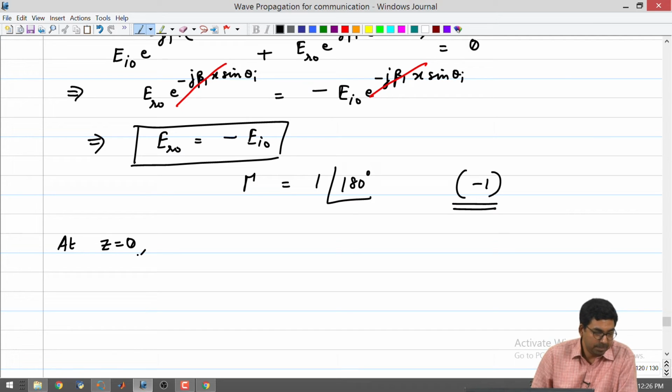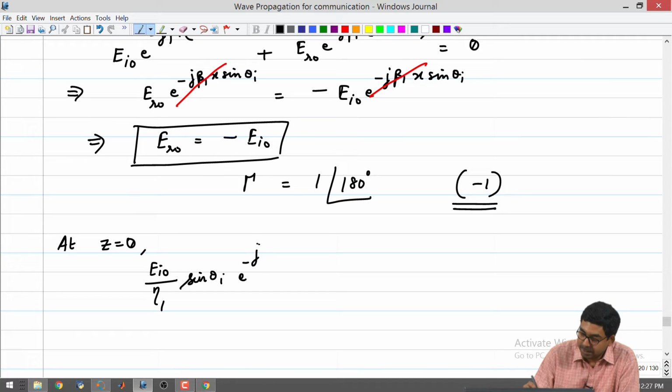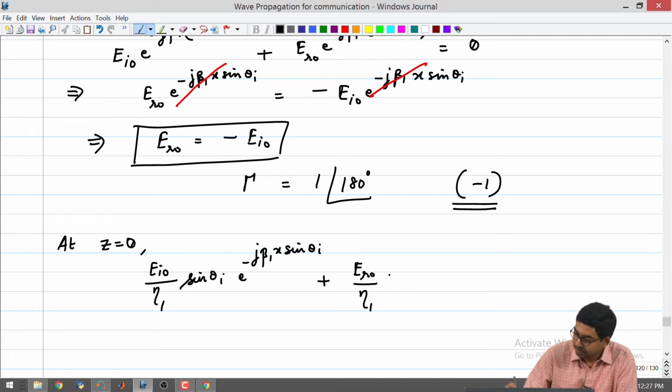At z equal to 0, the normal components of the H have to be added up, and that has to be equal to 0. So, I will be having E i naught divided by eta 1 sin theta i e to the minus j beta 1 x sin theta i plus E r naught by eta 1 sin theta i e to the minus j beta 1 x sin theta i.